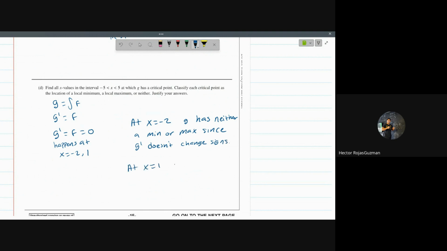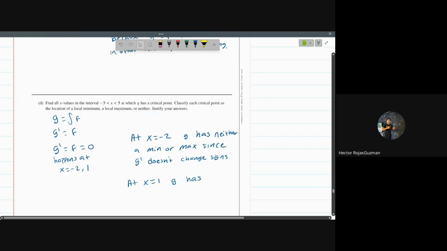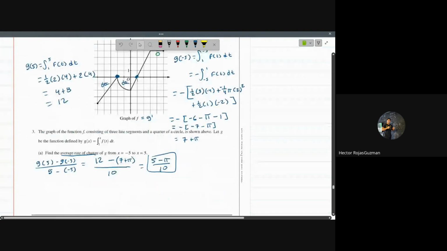At x equals 1, g has a minimum because you go from decreasing to increasing.